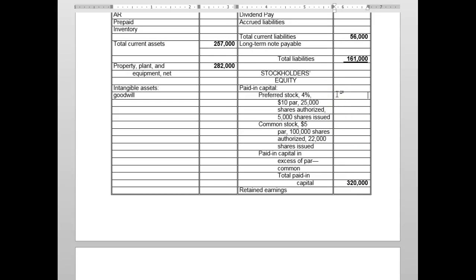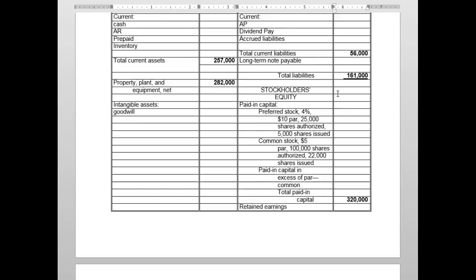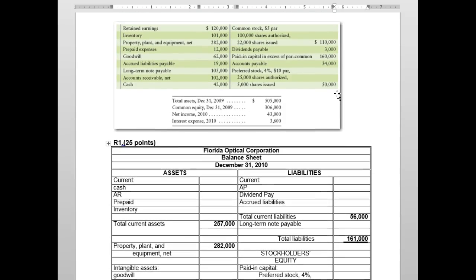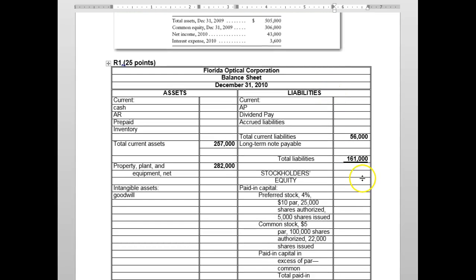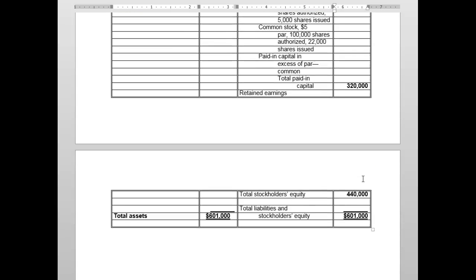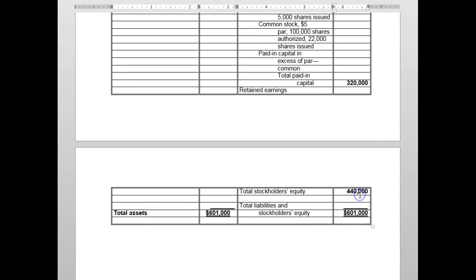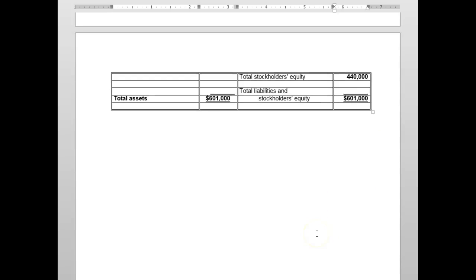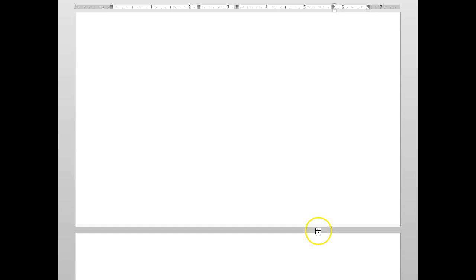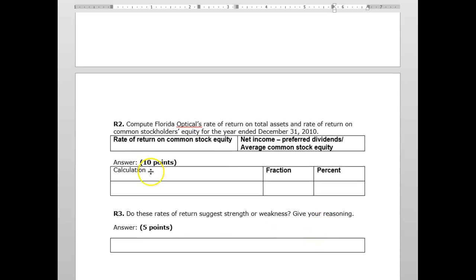They're not a common stockholder and they don't have voting rights. So whatever that amount is, let's see, preferred stock is $50,000. So this $50,000 here has to be deducted from the $440,000 to get our true owner's equity for this year. So keep that in mind here.